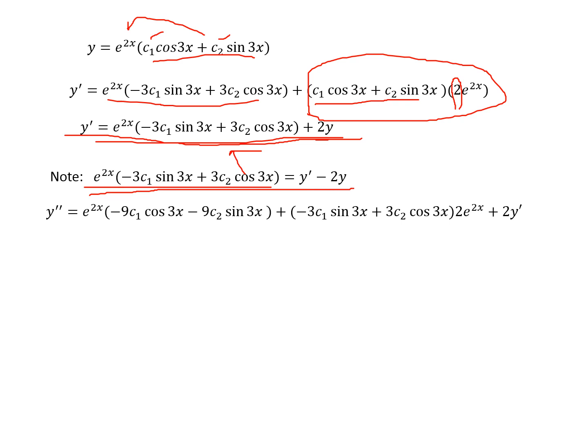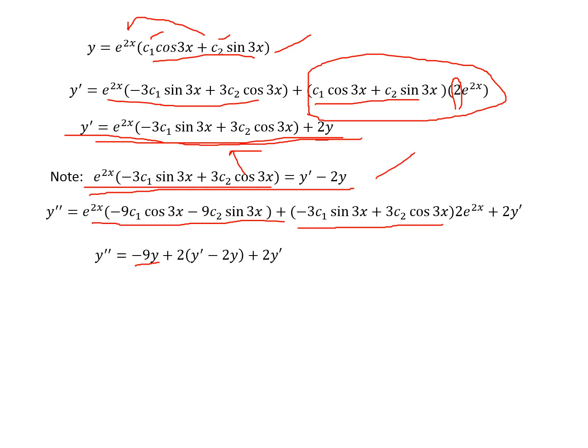So next step: if you notice this equation, this is the same as negative 9y, because this is the same as c1 cosine 3x plus c2 sine 3x. You can factor out negative 9, and this one is similar to that, so that is already negative 9y, plus this one is repeated there. That's why this is important to us now.